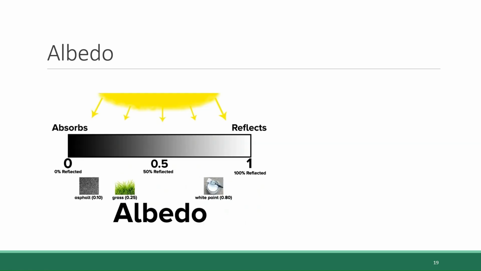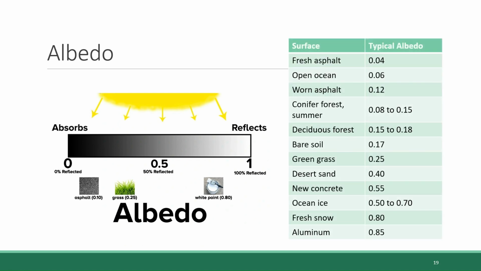Albedo is measured on a scale from 0 to 1, where 0 represents a surface that absorbs 100% of the solar energy and reflects none of it, and 1 is the surface that absorbs 0% of the light and reflects all of it. Every material can be characterized with a decimal number somewhere between 0 and 1 on the scale. And some common surfaces are represented in this table.